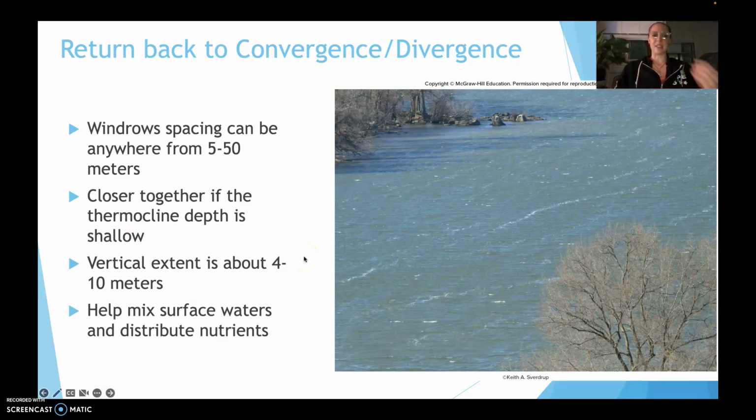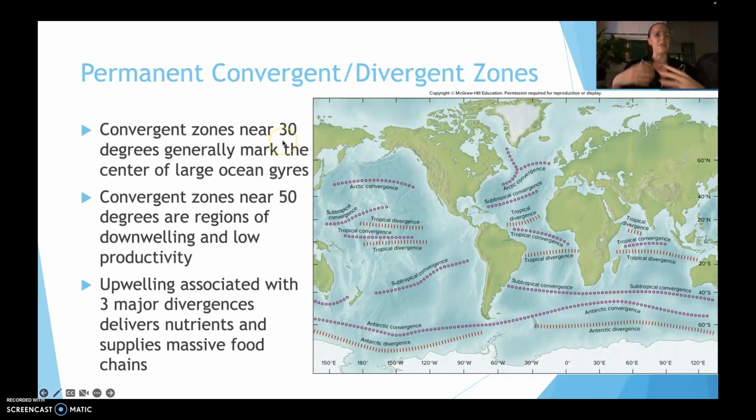And the vertical extent of these can be anywhere from 4 to 10 meters, again depending on the thermocline depth. This helps mix the surface waters and distribute nutrients throughout. And we have these relatively permanent convergent or divergent zones here, and that's what this map is trying to show, where we can have convergent zones near around 30 degrees north and south, which can mark the center of these large ocean gyres.